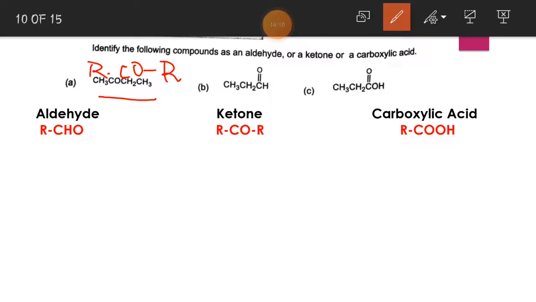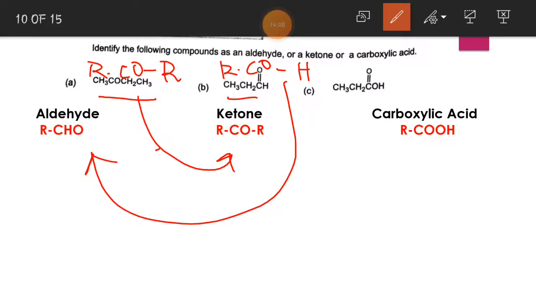So, this means that carbonyl carbon is present between two alkyl groups, so it is a ketone. Now, if you look at this structure, you may quickly recognize or generalize it like this. Now this hydrogen atom is attached to a carbonyl group. Whenever hydrogen atom is attached to a carbonyl group, it is referred to as an aldehyde. Here you may see OH is attached to a carbonyl group, so this means that this is a perfect example for the carboxylic acids.